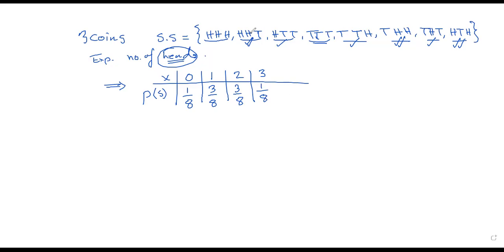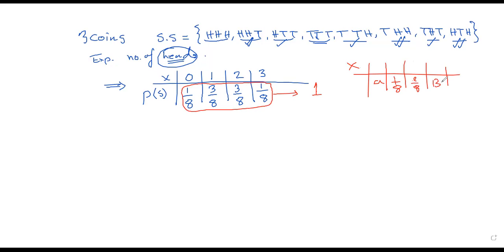Now, if you notice something, and this is very important in exams, the total probability is equal to 1. It's always like this. Now, this is useful. In the exams, they may give probabilities like A, 1 over 8, 2 over 8, and a letter B, and 1 over 8, for example.